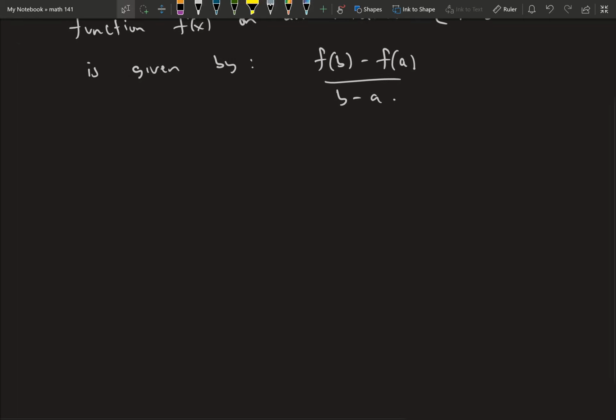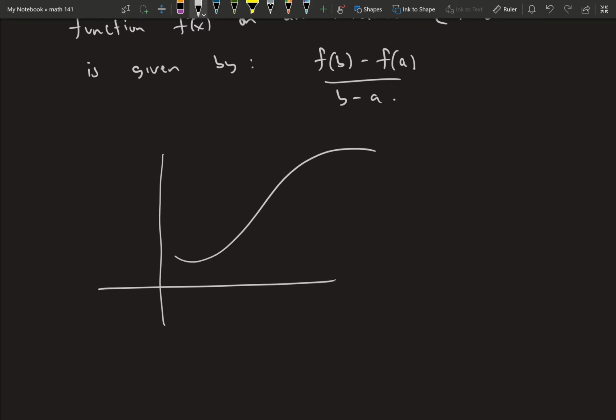So what is the idea here? You can think of a function in time. Here's a point a, f of a, and here somewhere is a point b, f of b.